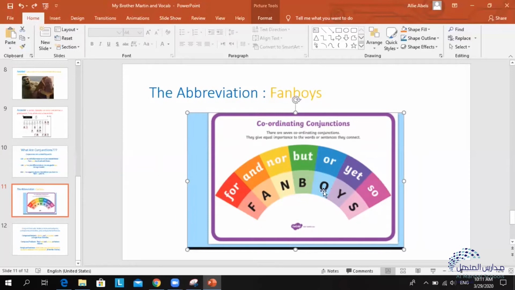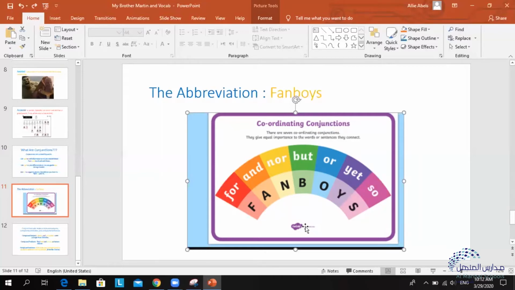If we read the abbreviation FANBOYS, F stands for "for," A stands for "and," N stands for "nor," B stands for "but," O stands for "or," Y stands for "yet," and S stands for "so."